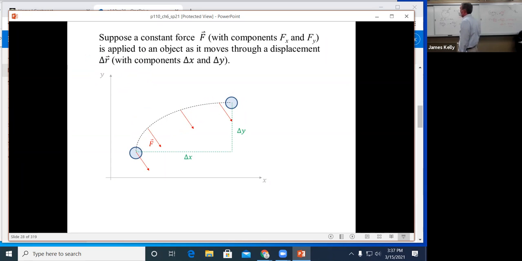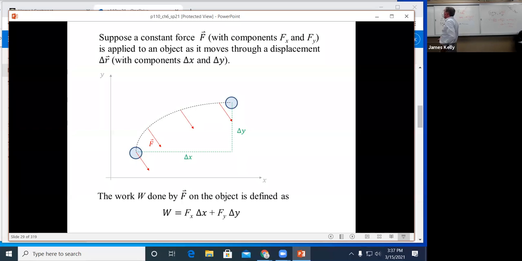All of this is going to go into a definition. The definition is the work done by this force. So the force is doing work on the object as the object moves from initial to final. If something was truly moving in 3 dimensions, you might need an Fz times delta z as well.